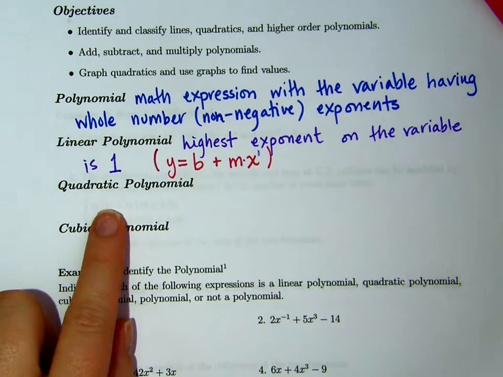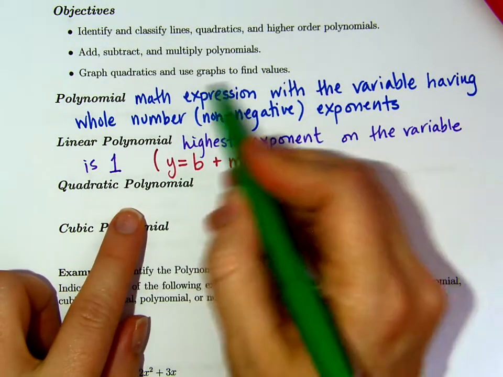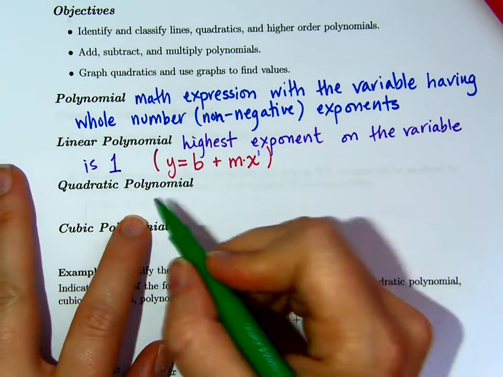Quadratic polynomial is a polynomial, so it satisfies this, where the highest exponent on the variable is 2.